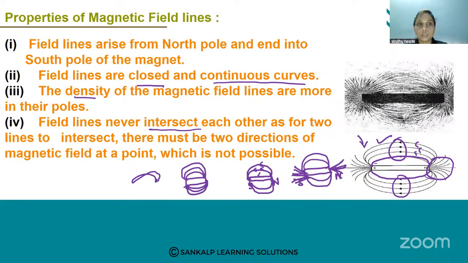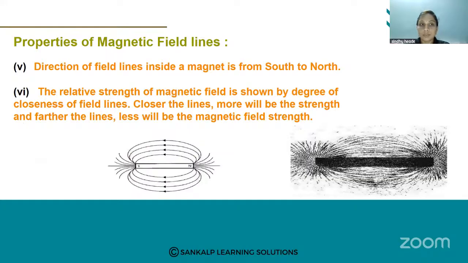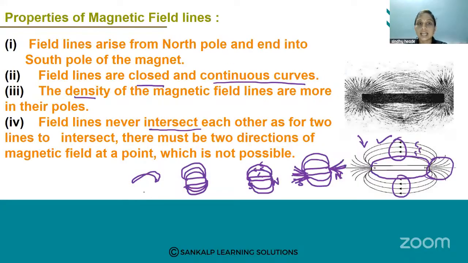Next, the fifth property: the direction of field lines inside a magnet is from south to north. This is also one of the important properties. We know that field lines are always from north to south, right? In the previous property, field lines arise from the north pole and end into the south pole.